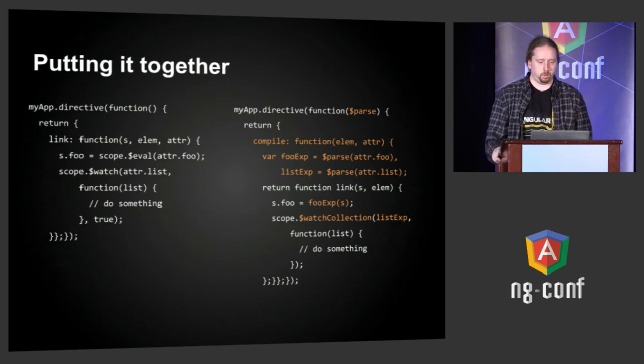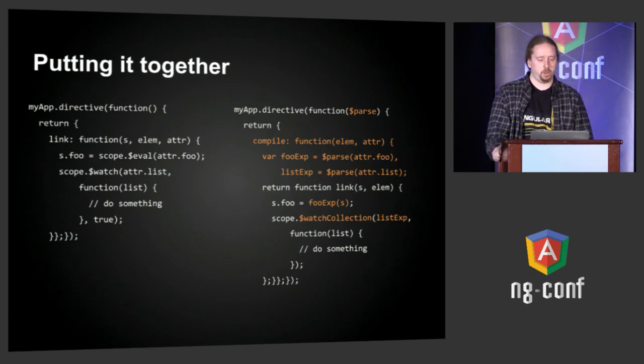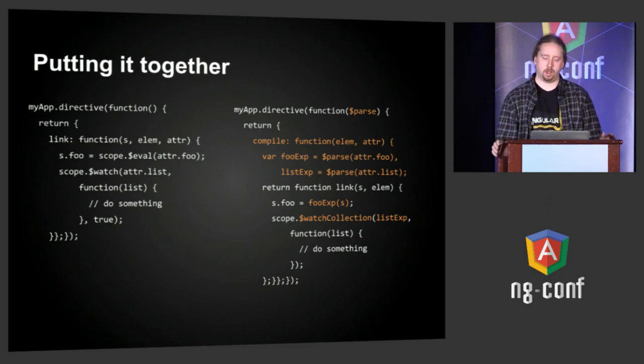All right, so just putting together some of the things I've brought up so far. Here we start with a function. We're using eval. It only has a link function. So if this thing ends up in an NG-repeat, that link is going to get called n times. So we're evaling, and then we're watching something else.